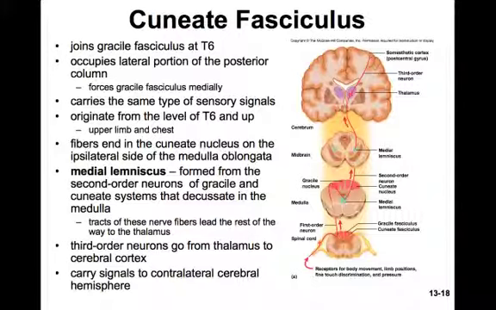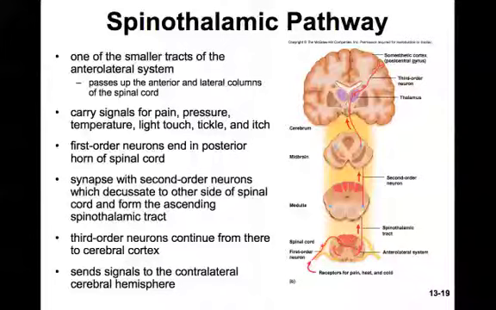The third-order neurons from both the gracile and cuneate fasciculi go from the thalamus to the cerebral cortex. So information traveling up both of these pathways is carried to the contralateral cerebral hemisphere from where the sensory information originated. Here's a different example.